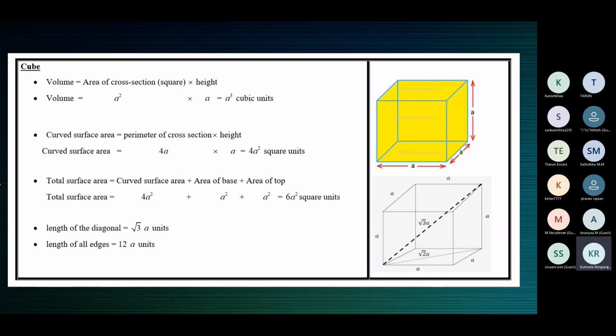For a cube also, that's what we said. Curved surface area is always perimeter of the cross section into height. Area into height is volume. Perimeter into height is curved surface area, not total surface area, curved surface area.